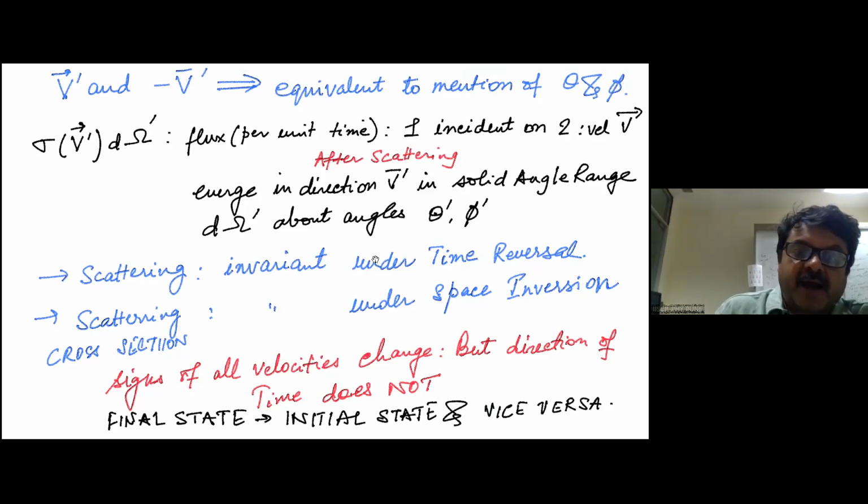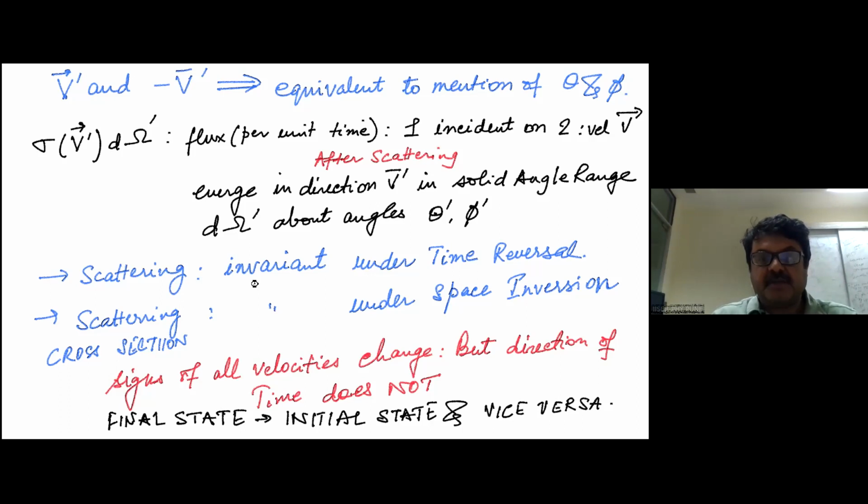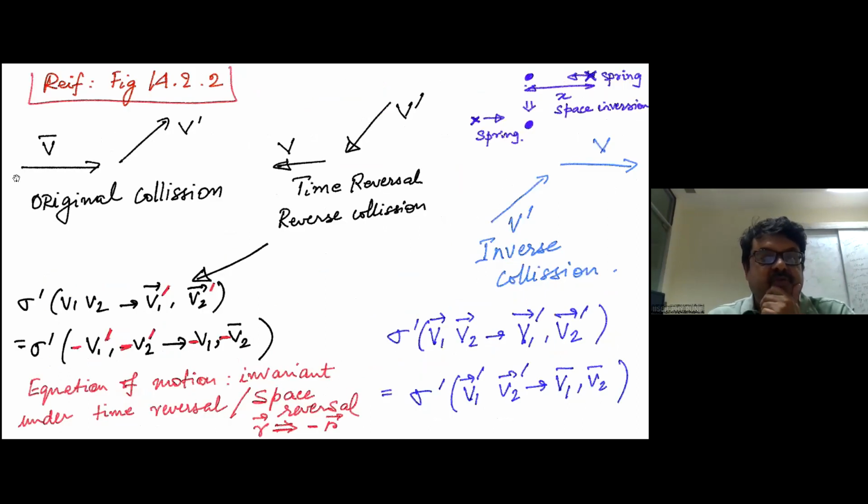So when you have scattering, let's look at a picture. Suppose this was the original collision. Some particles were coming with relative velocity V, and it was scattering into some relative velocity V dash.